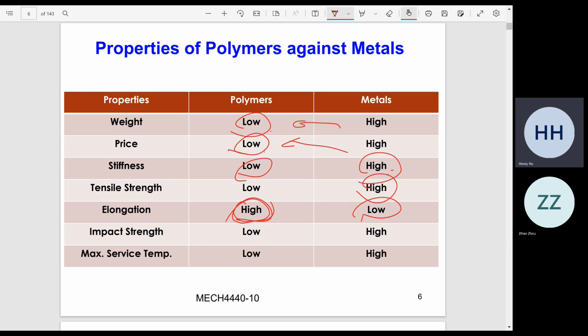For elastomer, you can have a very high elongation over there, 3 or 4 times the original length, which you can stretch the elastomer to. But for thermoset, thermoplastic, maybe it's not that high. And the impact strength and surface temperature definitely low on polymer.